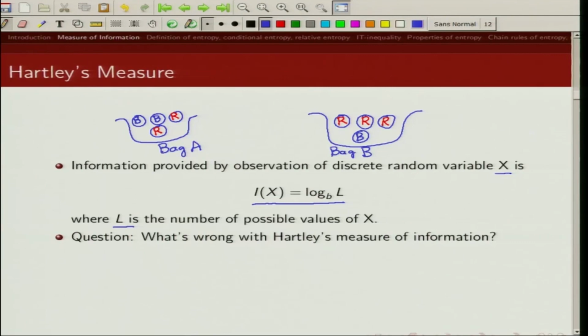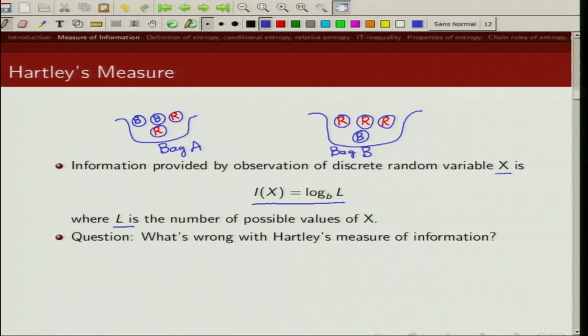Look at this. In bag A there is a 50% possibility of getting a blue ball and 50% possibility of getting a red ball, whereas in bag B there is a 75% possibility of getting a red ball and 25% possibility of getting a blue ball. So in bag B, if I pick up a ball, it is more likely to be a red ball than a blue ball.